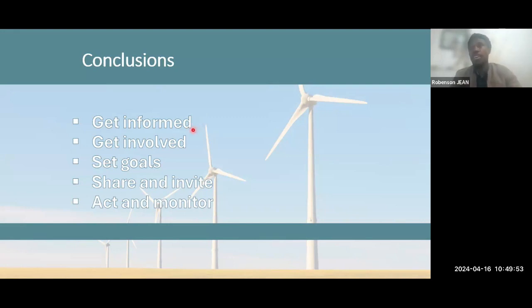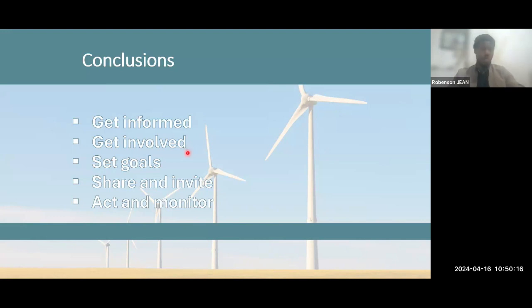And once we get informed, we have to get ourselves involved in the process. Like we can be a researcher, we can be an investor, or it can be the local community that is getting involved in a renewable energy project, for instance.